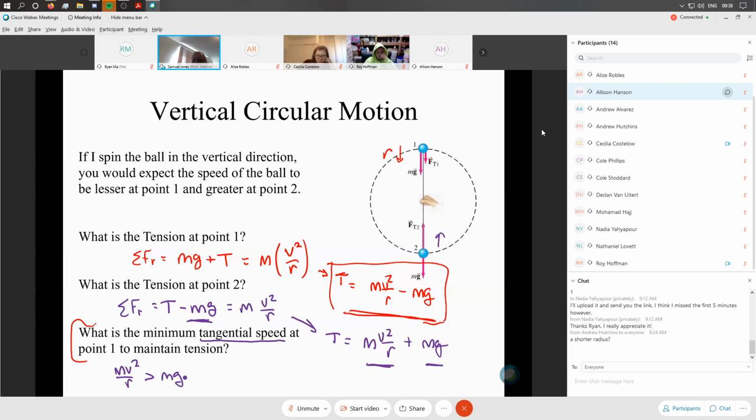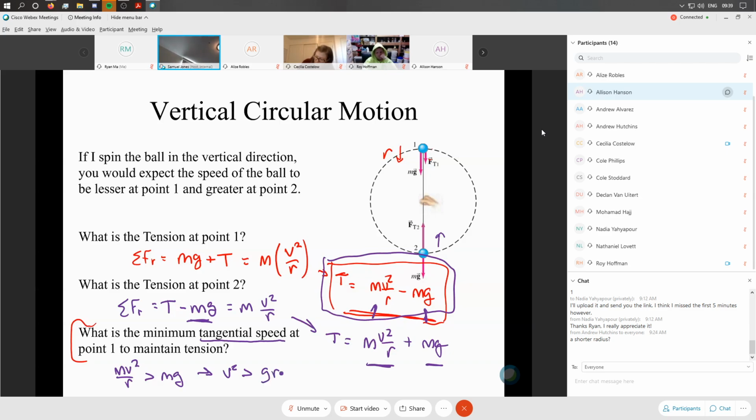This is the condition that would keep T from being negative or 0. Does everybody agree with that? Going from this equation, if I'm saying that T cannot be 0 and cannot be negative, that means that this term, mv squared over r, must be bigger than this term, mg. Which is then equivalent to saying that v squared must be greater than gr.